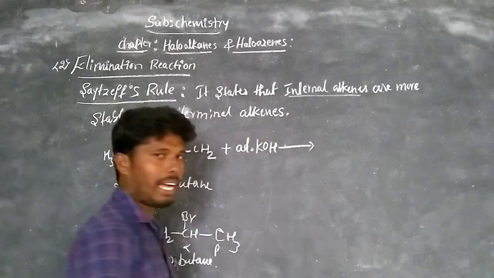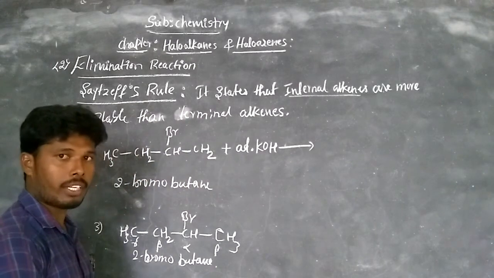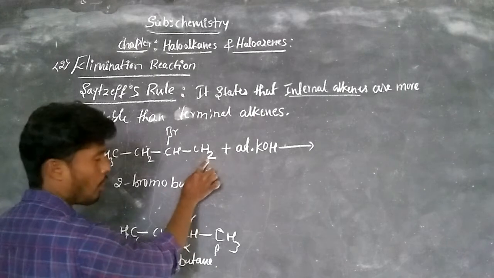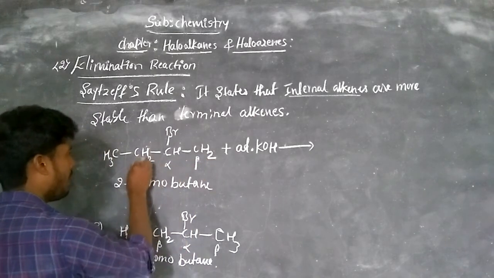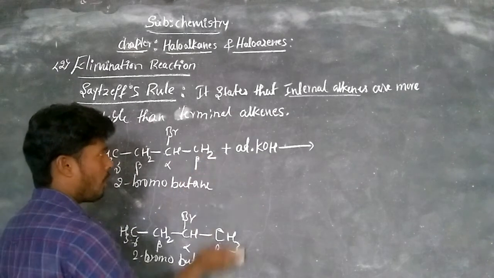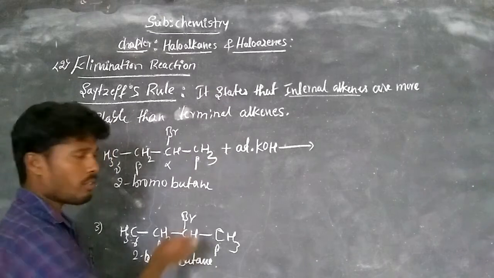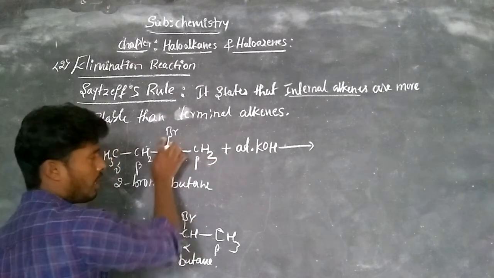Dehydrohalogenation takes place. One hydrogen from the alpha carbon, beta carbon. This is alpha, beta, and gamma. So one hydrogen from this carbon, this is CH3, not CH2, and here bromine.